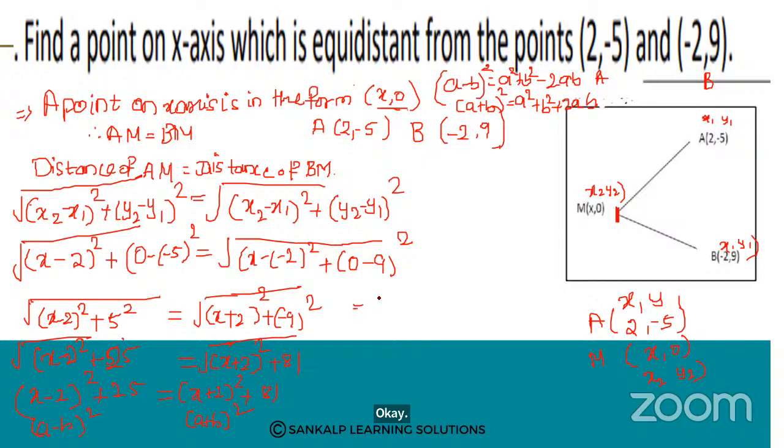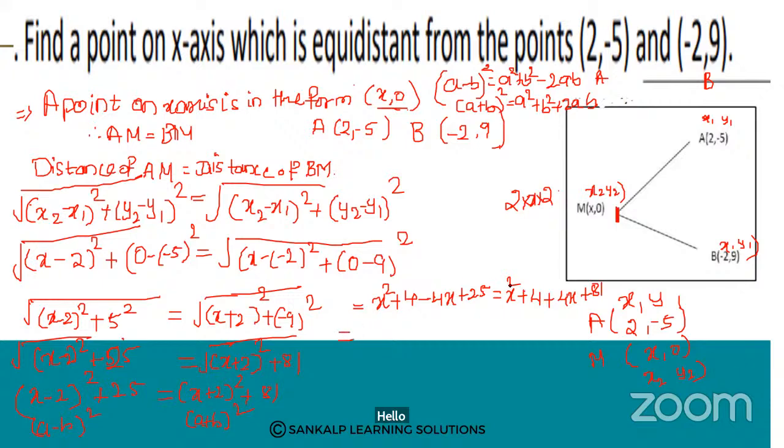Now tell me, a square means x square, b square is 2 square means it is 4, minus 2ab, 2 into 2 is 4x, plus 25 is equal to a square is x square, b square is 4, plus 2ab, 2 twos are 4x, plus 81.